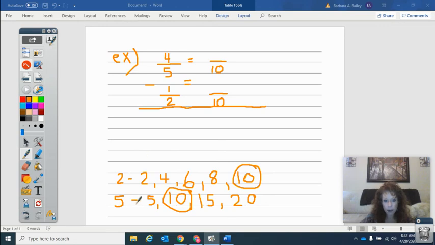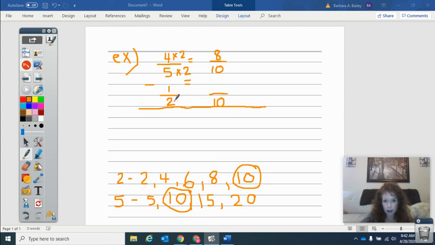Well, if I look down here, 5 times 1, 5 times 2. So 5 times 2. Now, to keep these two fractions equal, I have to multiply the same thing in the numerator, times 2. So 4 times 2 is 8. So 4/5 is equal to 8/10. Now, my second fraction, I have to do the same thing. I'm changing 1/2 into something over 10.